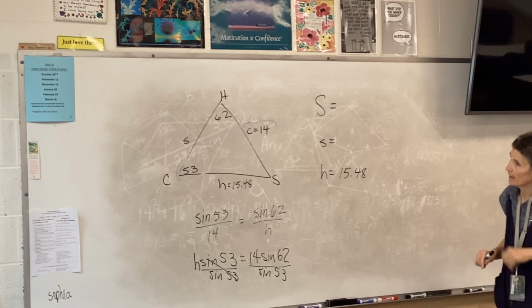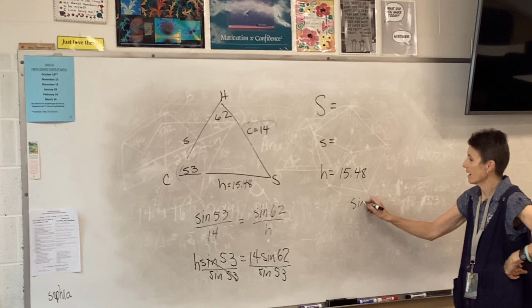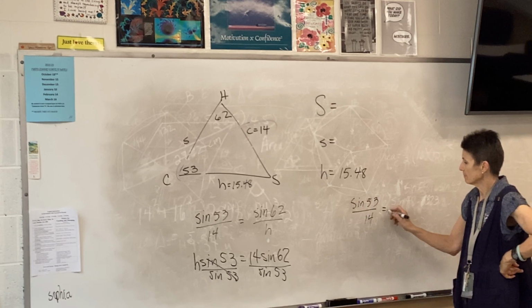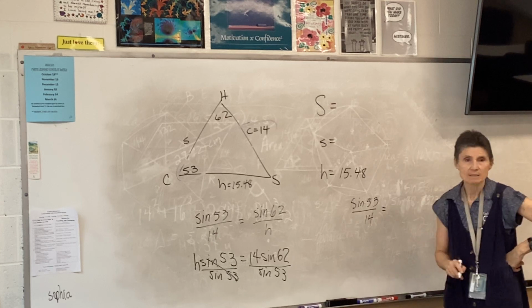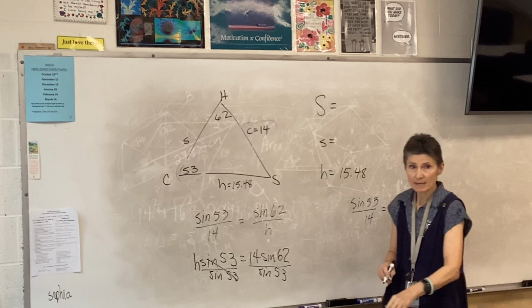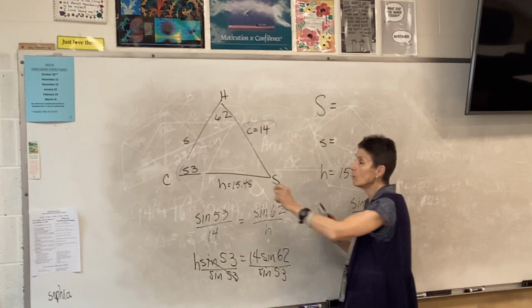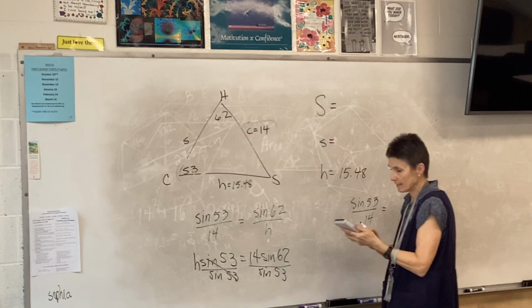Now, I need to find side s, so I'll start again with sine 53 over 14. Oh, wait a minute. I don't have angle s. Can I get angle s? Yep, because we know that the angles of a triangle add up to 180.